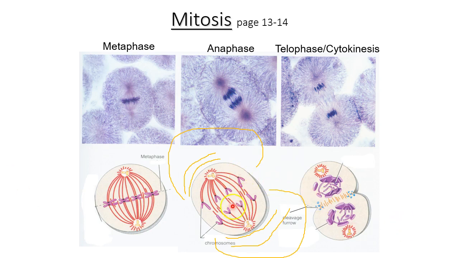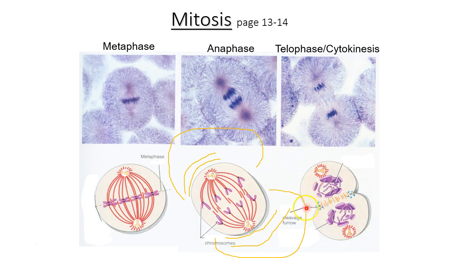So see how the cell was pushing, both these sides were pushing away from each other? Well, them pushing away from each other created this cleavage furrow. And you guys know what cleavage is. So this is the cleavage furrow. And this is where the nuclear envelope begins to come back again.